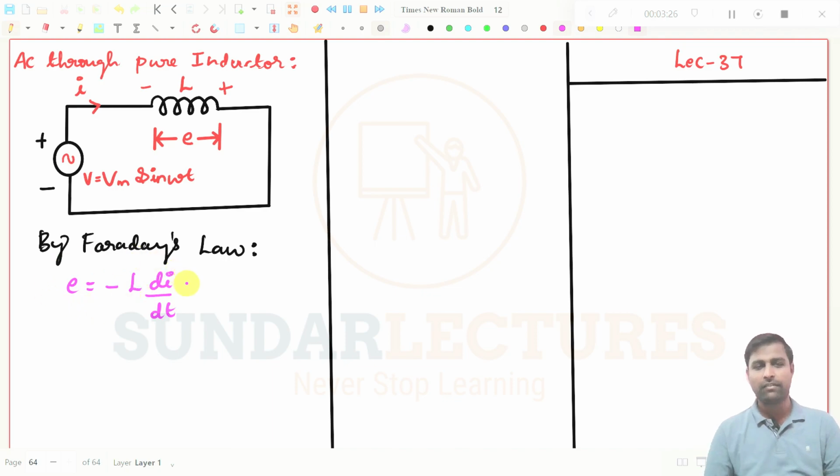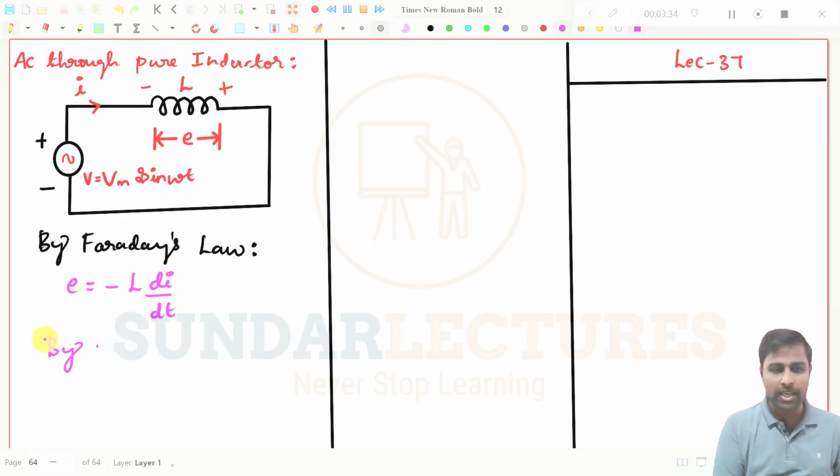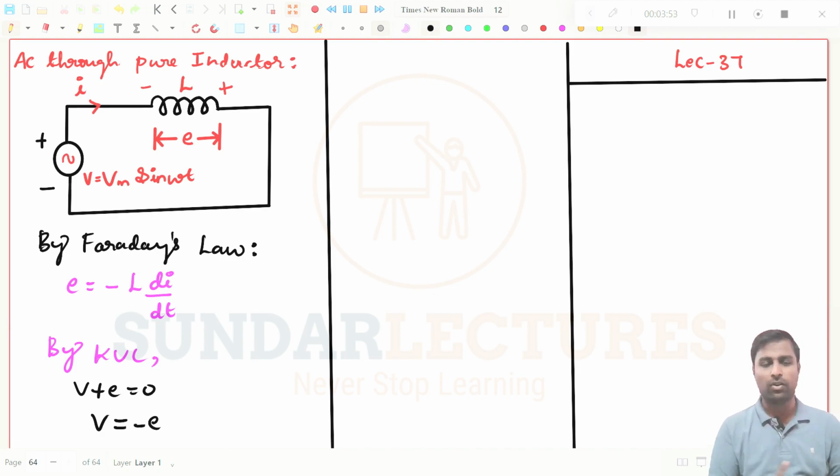Now if you write the KVL expression, the current flows in this direction, so V plus E is equal to 0, or V is equal to minus E. Whatever EMF is induced here is opposite to the cause producing the flux in it.